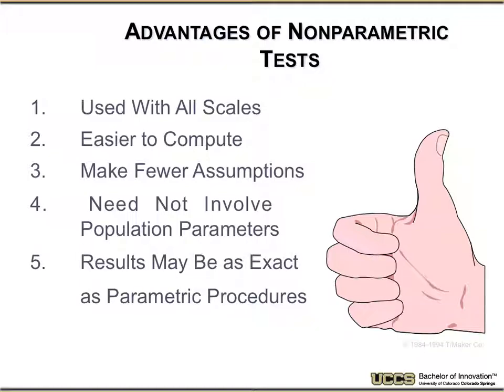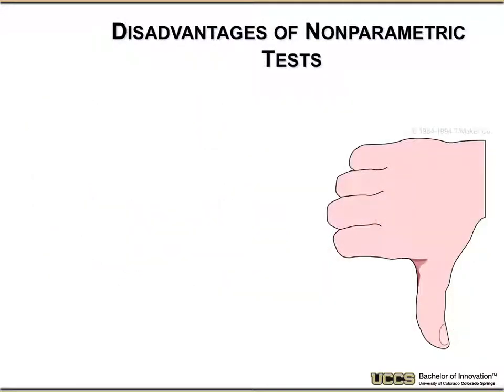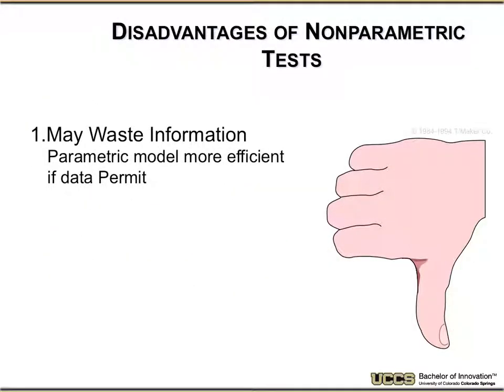But the disadvantages start with the fact that they may waste information. If I have a certain amount of data, and I'm trying to answer this question, and I use a parametric test and a non-parametric test, the parametric test is almost always more sensitive, if it applies.